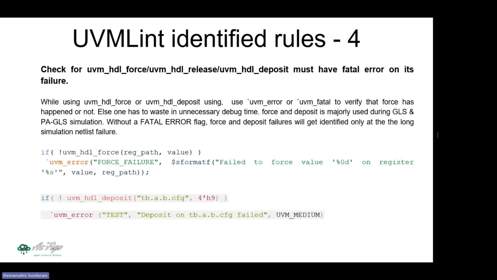So here's a little code for that, wherein it uses the UVM HDL force, and then there is a UVM error, failed to force value. Same way with UVM HDL deposit, it says deposit on TB config failed. So it talks about these two things.